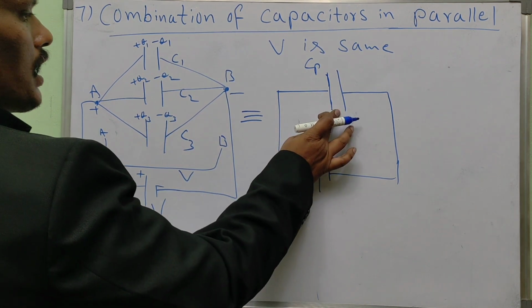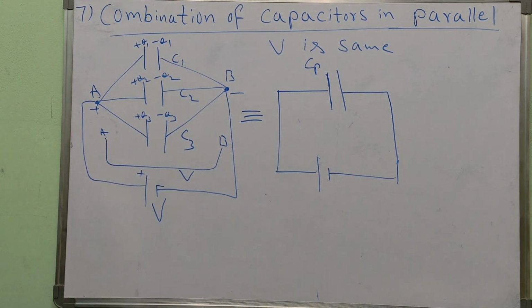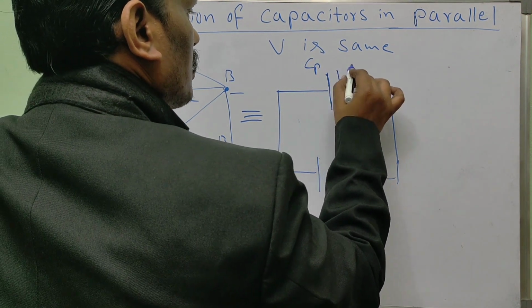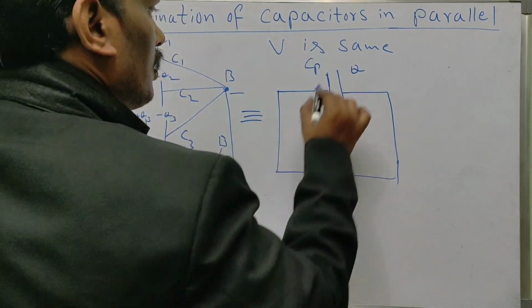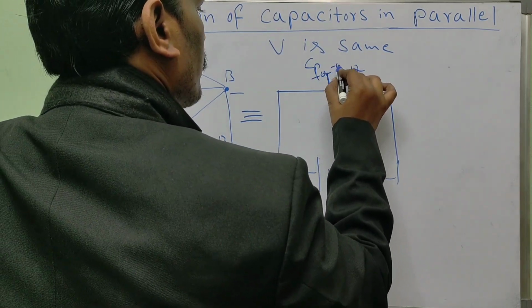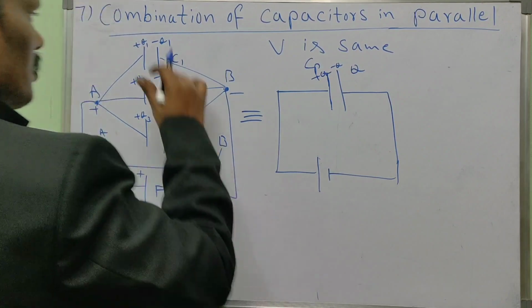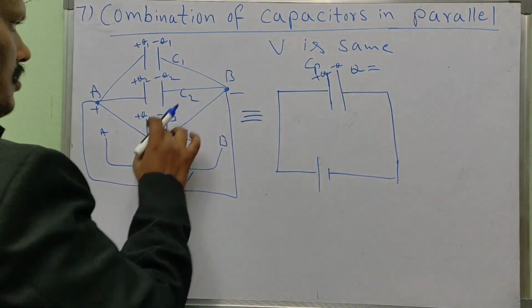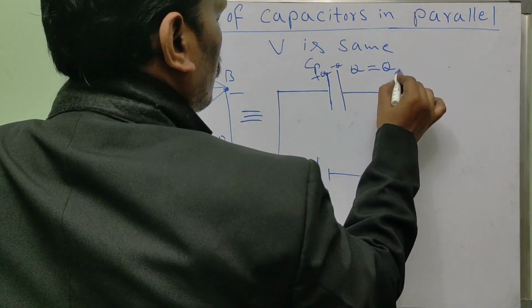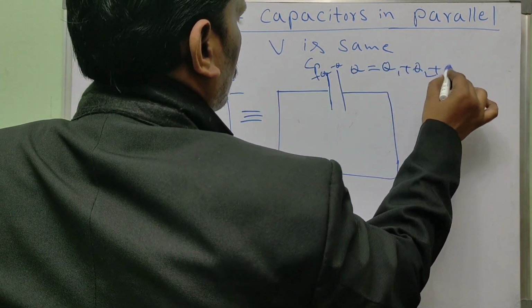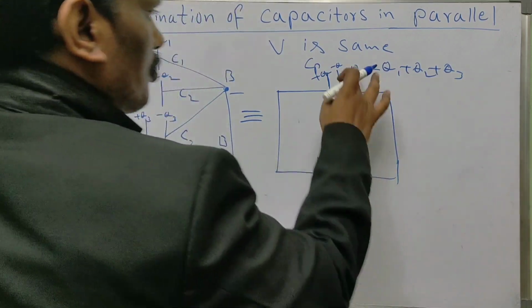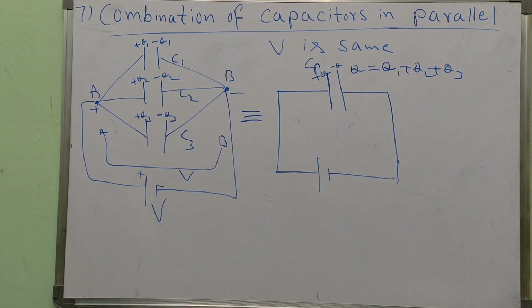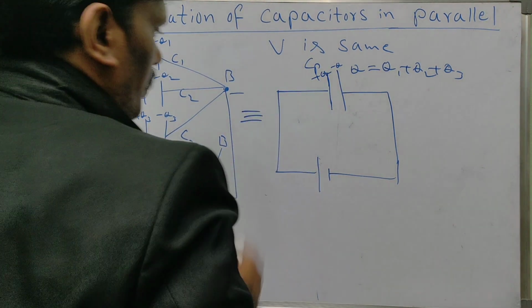Let the charge on this capacitor be Q, that means plus Q and minus Q. But this Q is not the same as here. We get this Q by adding the three charges: Q1 on the first capacitor, Q2 on the second, Q3 on the third. That Q is present on the plates of capacitance Cp.